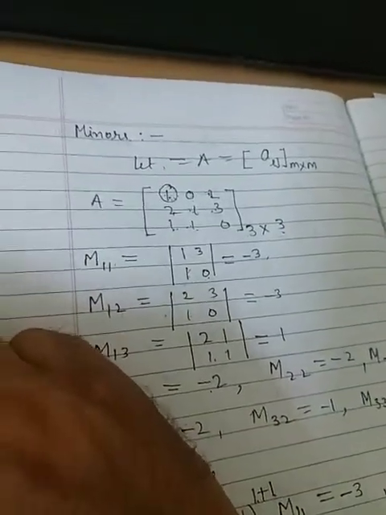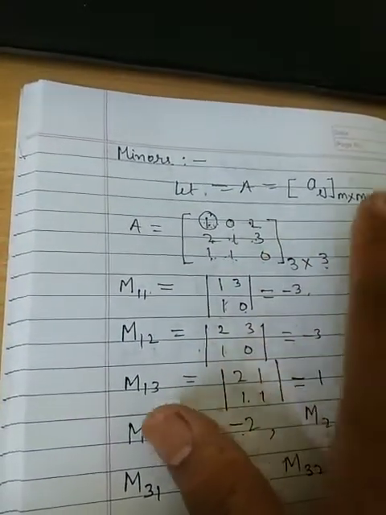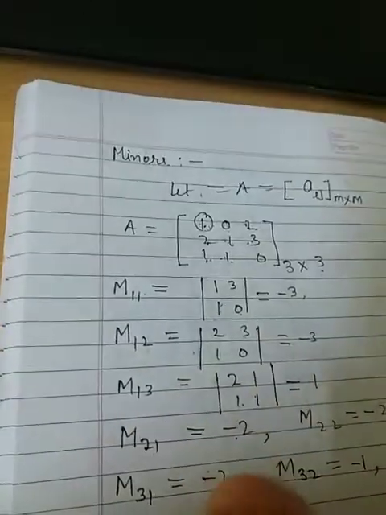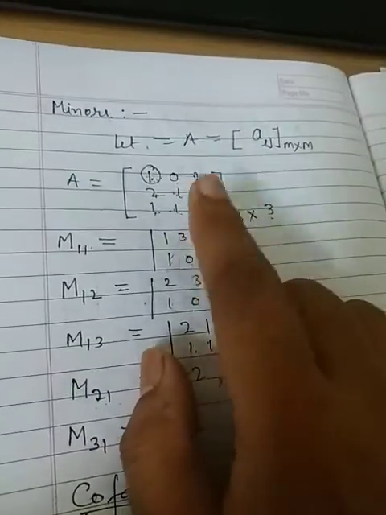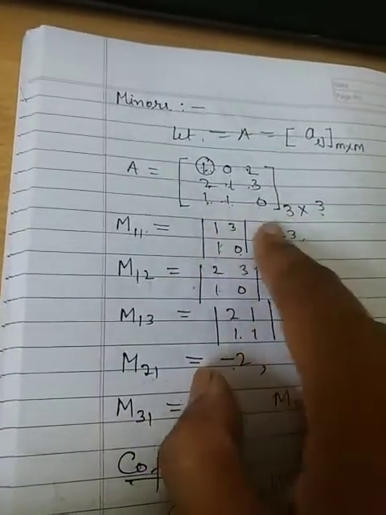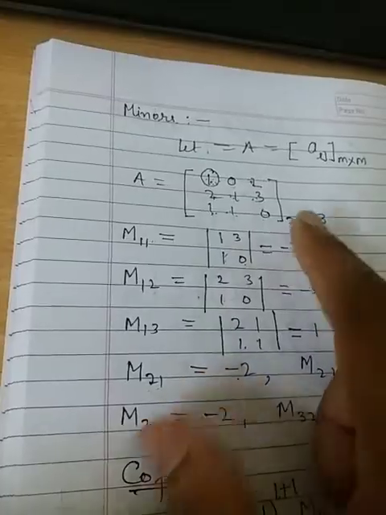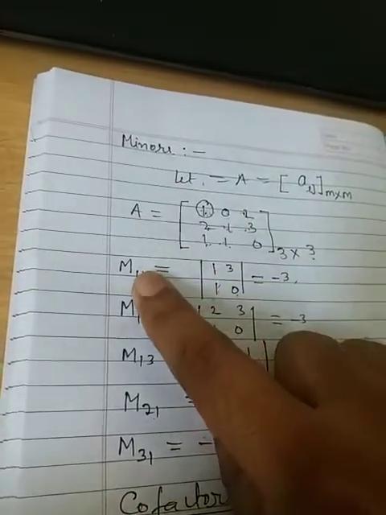First of all, we have learned how to find minors for a given square matrix. There will be the same number of minors as the number of elements present in this matrix. So if we have taken 3 cross 3, then there will be 9 minors. Corresponding to each element there will be a minor.